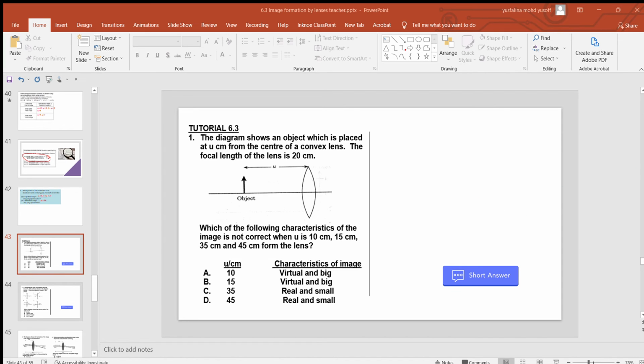Then I just substitute. Let's say I put this one as x1, y1, and this one is x2, y2.